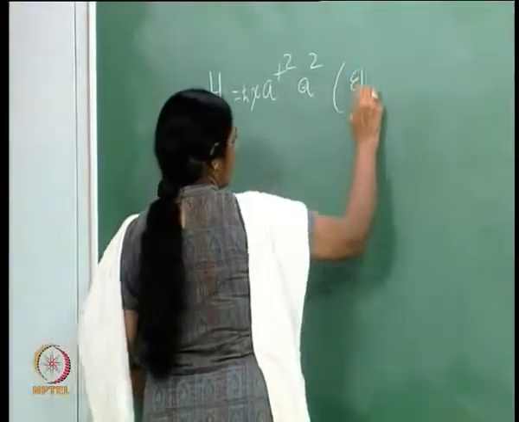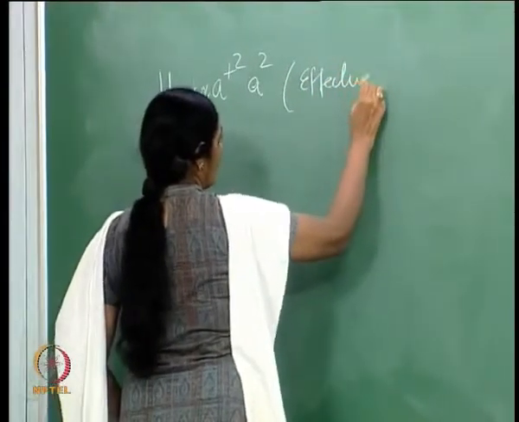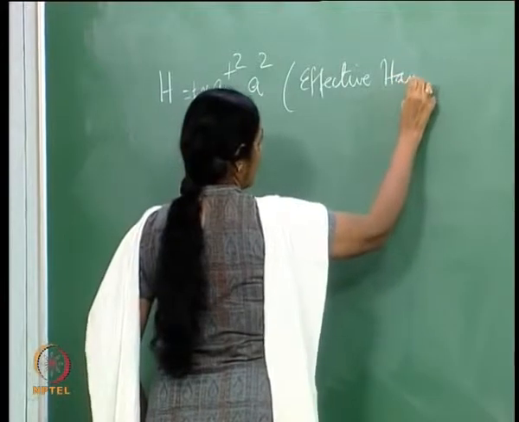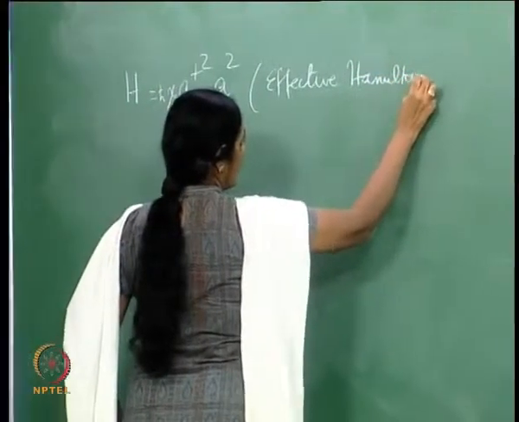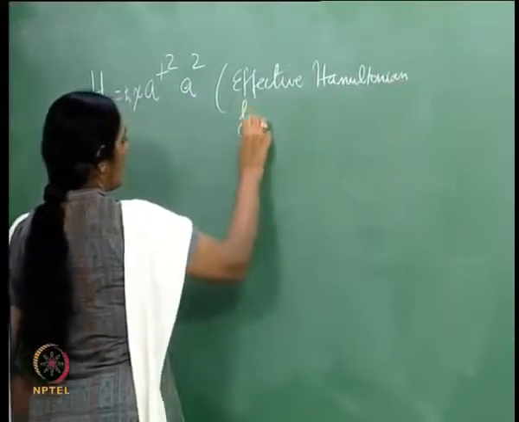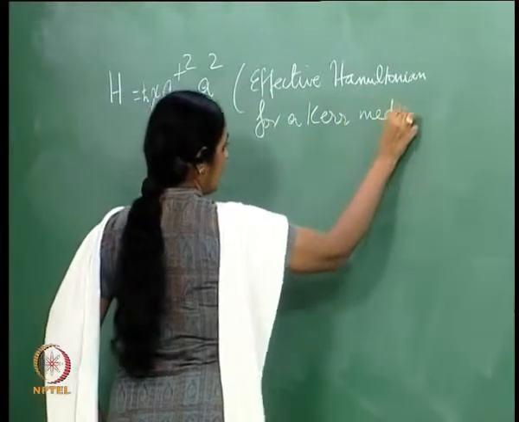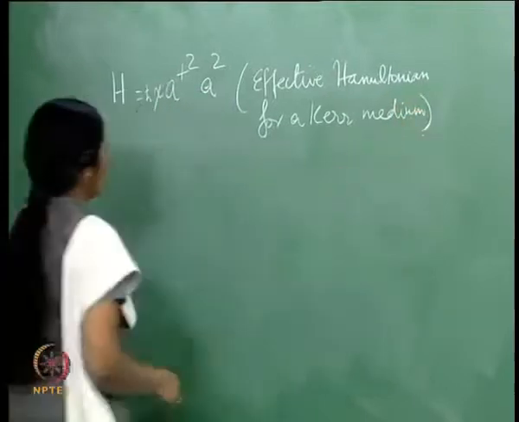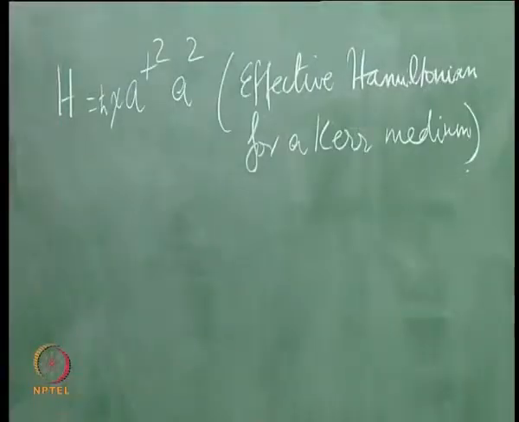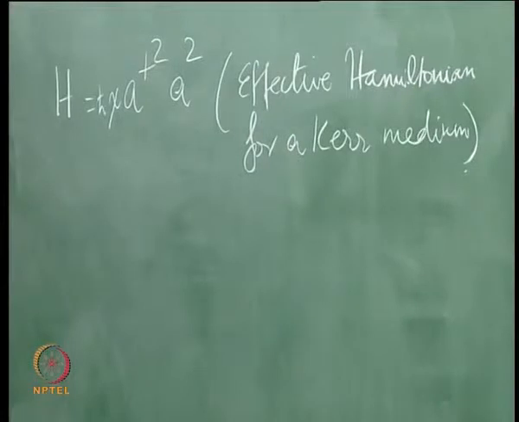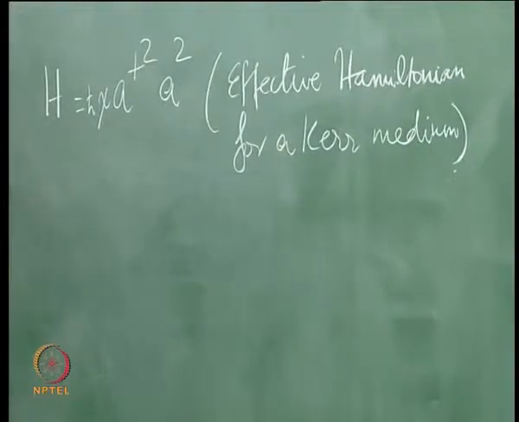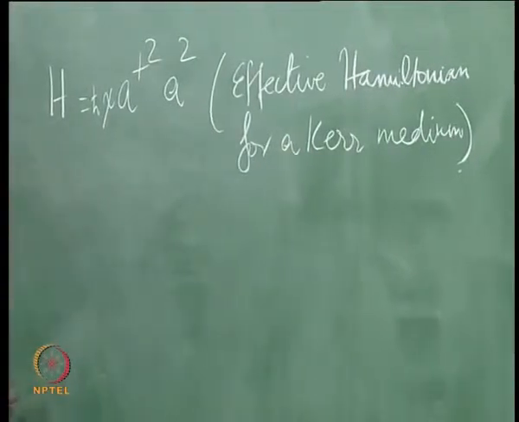This is the effective Hamiltonian for a Kerr medium or a nonlinear optical medium. I wish to find out the eigenspectrum of this Hamiltonian. So, let me proceed to work out that exercise.